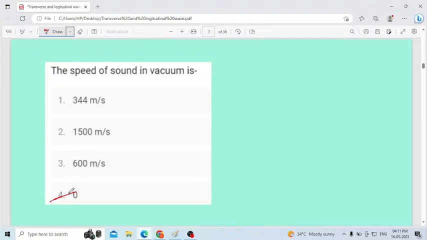But in a vacuum there are no particles, so there is no vibration and no transfer of energy. Therefore the speed of sound in vacuum is 0. Sound waves can't travel.